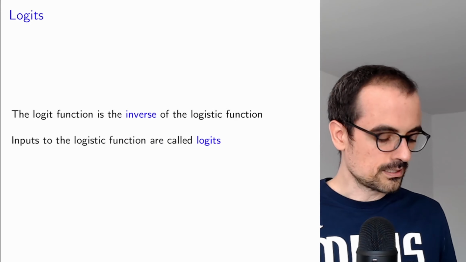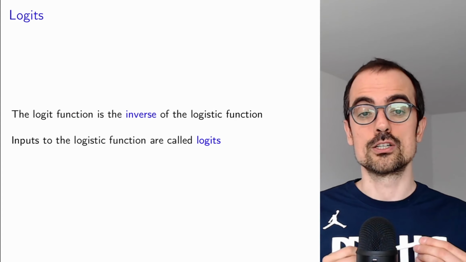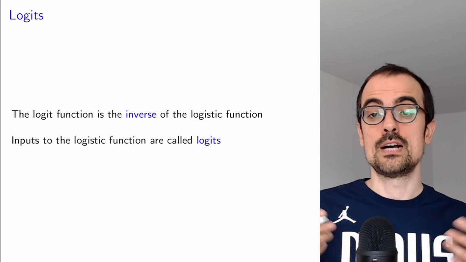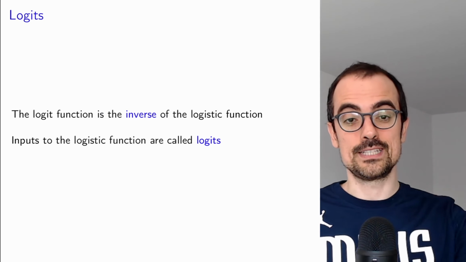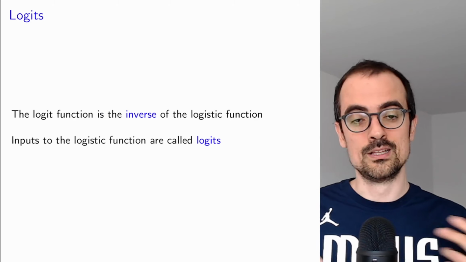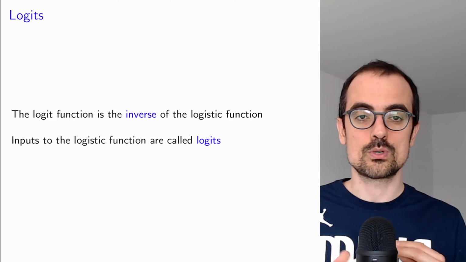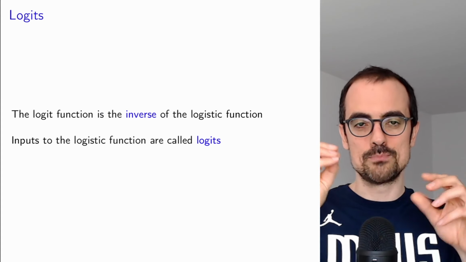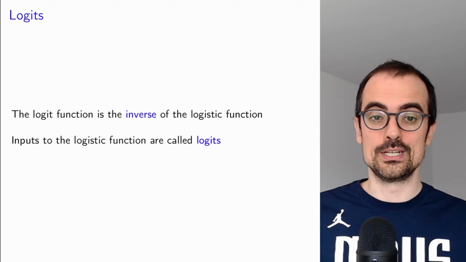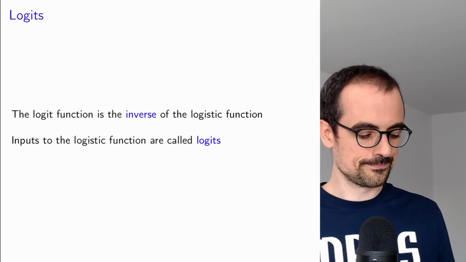And because of that, the input to the logistic function is usually called a logit. This term has been preserved in the deep learning literature, as we will explain when we talk about neural networks. That's why, when you have a logistic function at the end of a neural network, the input to that logistic function is usually called a logit.